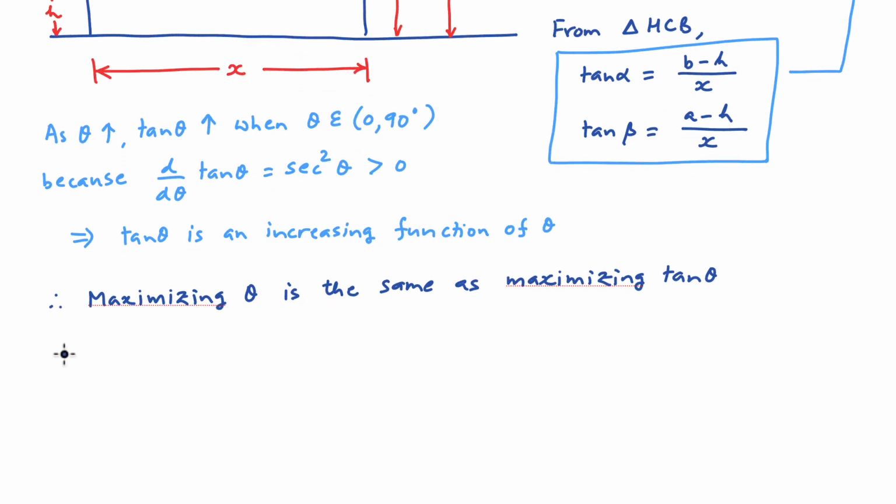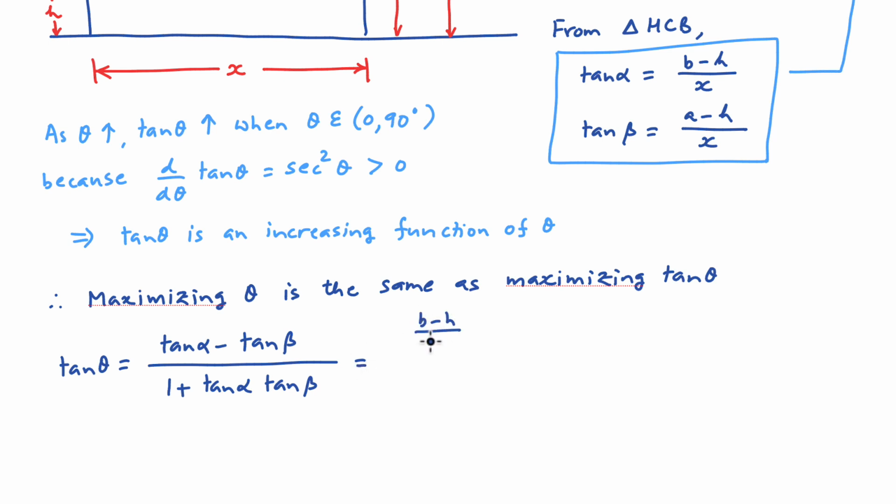We had calculated above that tan theta is equal to tan alpha minus tan beta divided by 1 plus tan alpha times tan beta. Substituting the values of tan alpha and tan beta, we get (b minus h upon x minus a minus h upon x) divided by (1 plus b minus h upon x times a minus h upon x).